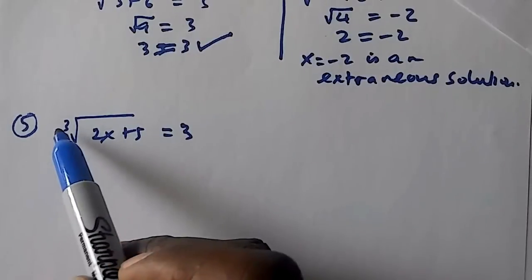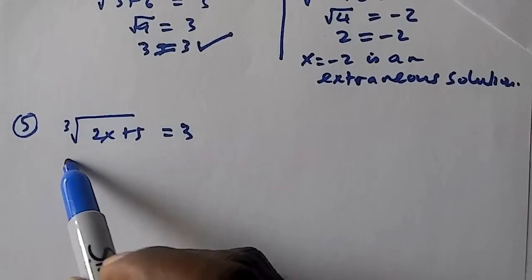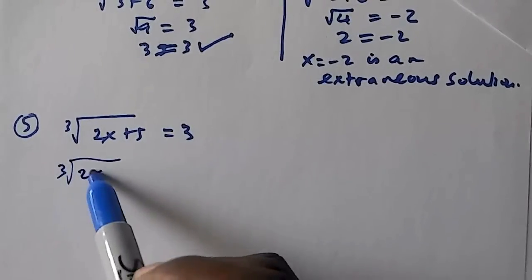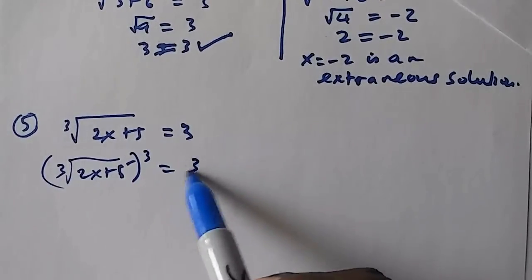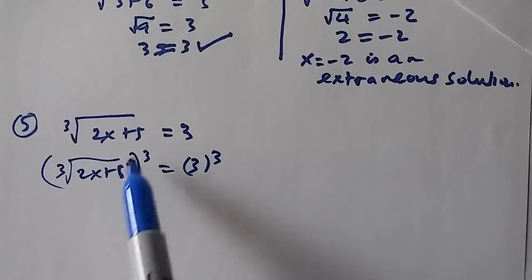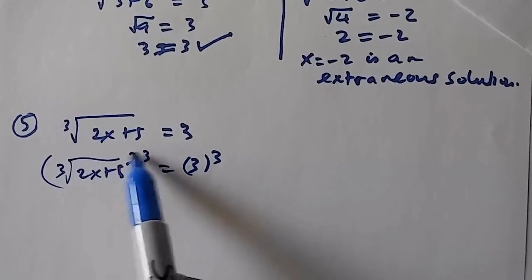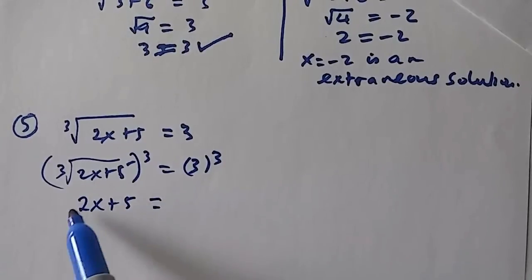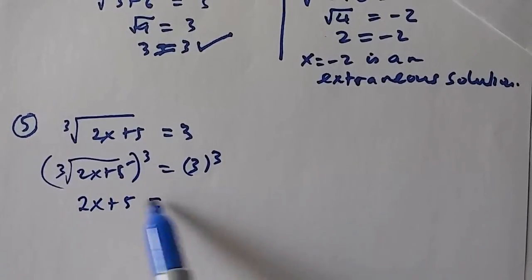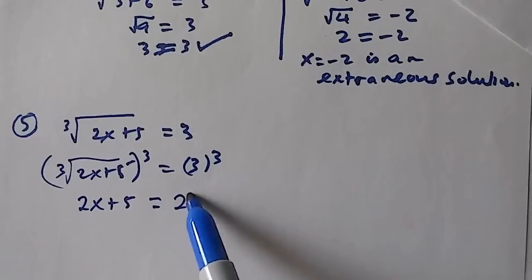The inverse of cube root is cube, so we write cube root of 2x plus 5 cubed equals 3 cubed. The cube root and cube, opposite inverse operations, cancel each other out, leaving you with just the radicand. 2x plus 5 equals 27.